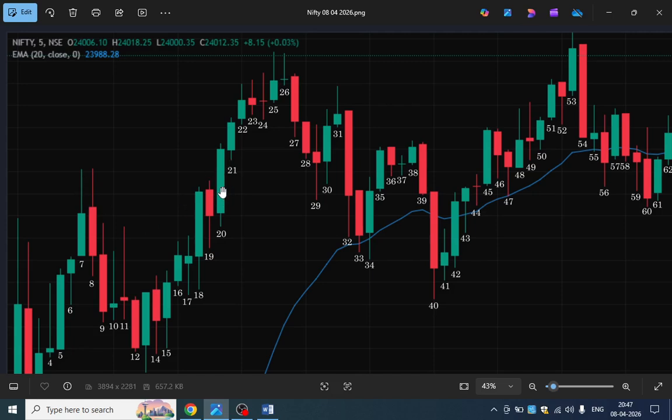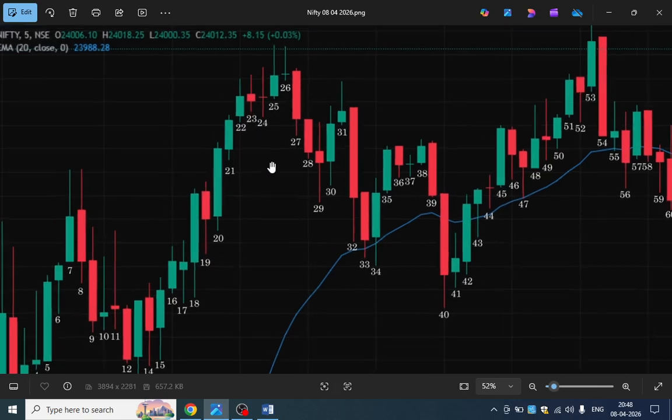After that there are bars 21 and 22, and we should never try to enter in a running market like 21 and 22, because many times it goes into a deep pullback. My system says let the market move to a point, and we will enter on a pullback.